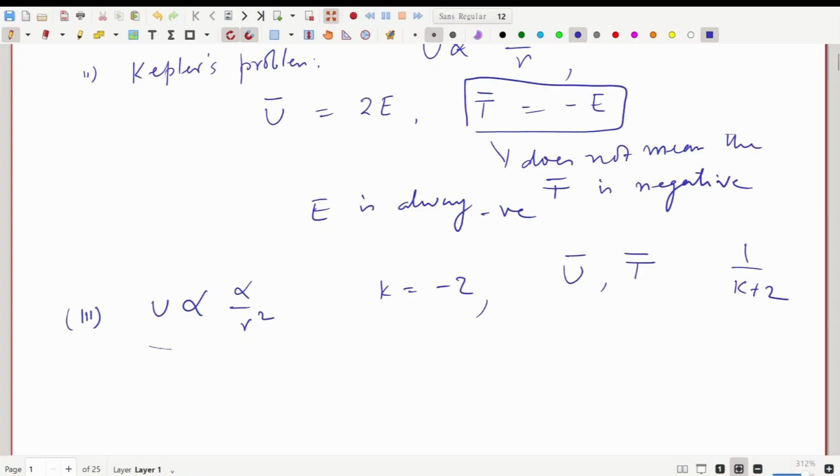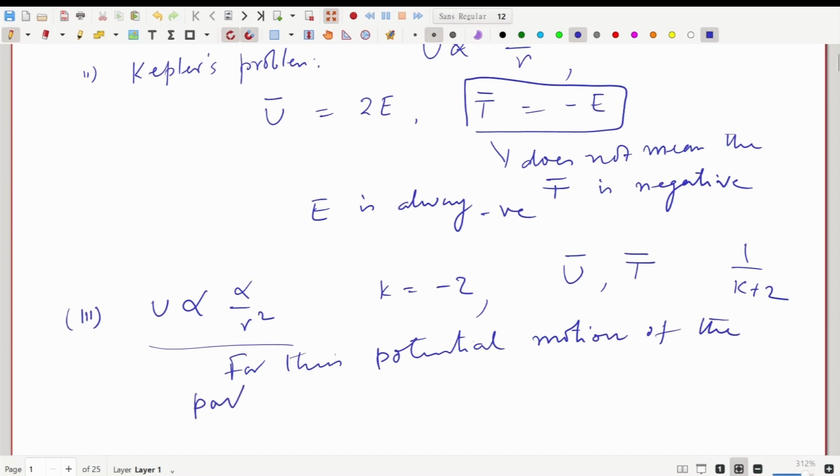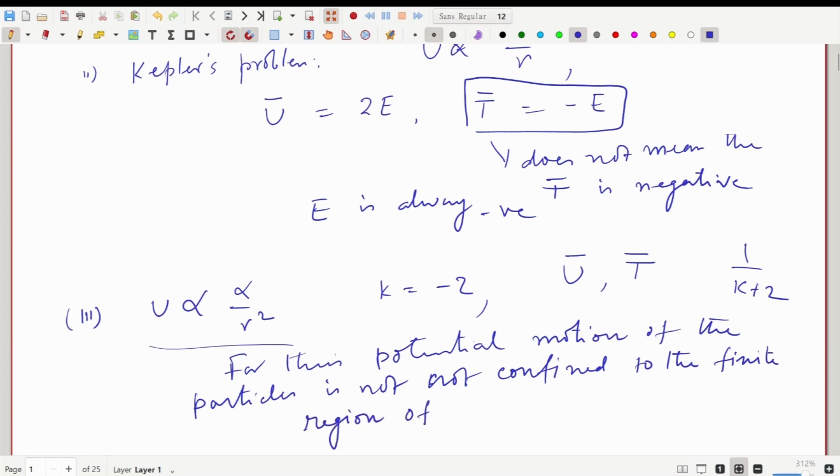But when this potential, the motion of the particle is not confined to the finite region of space.